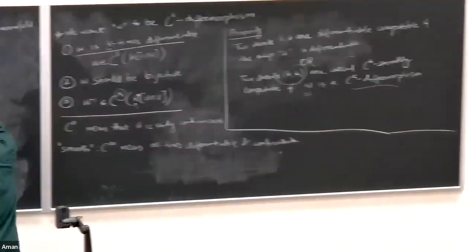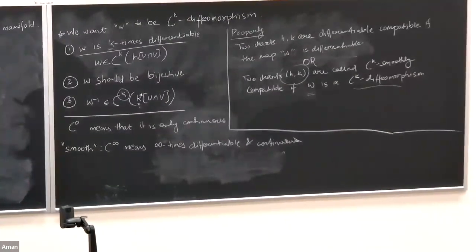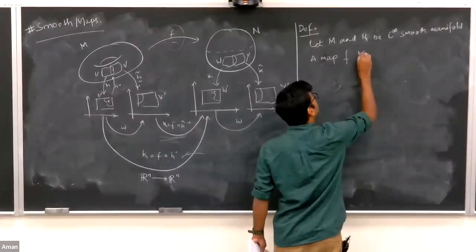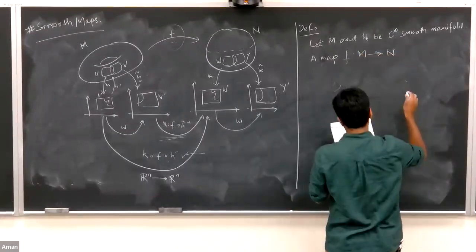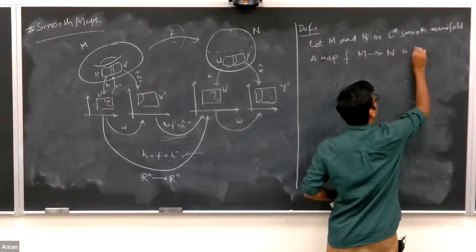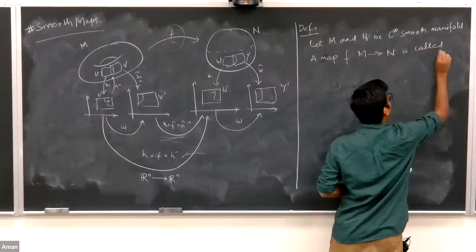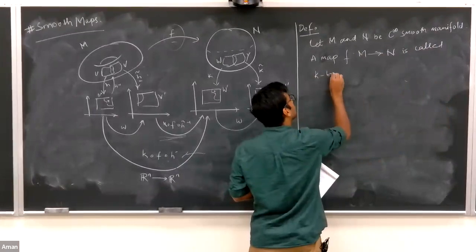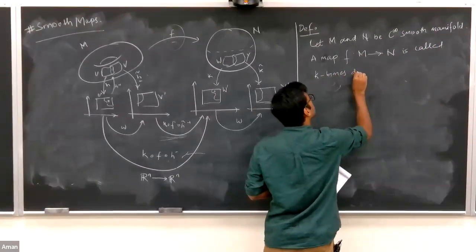So given two C infinity smooth manifolds, a map F which goes from M to N is called k times differentiable.